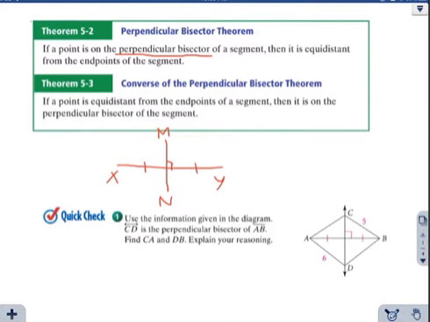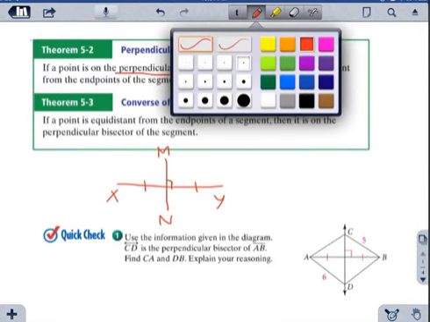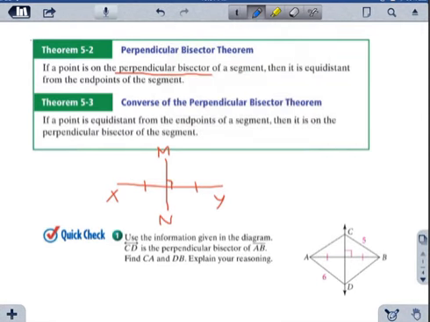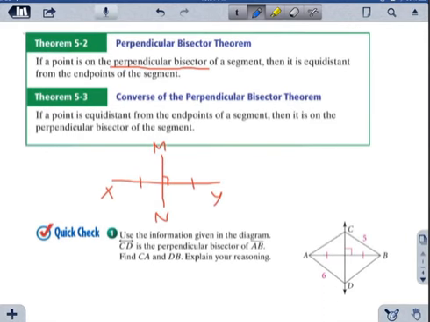The second part of the perpendicular bisector theorem tells us that if we have this perpendicular bisector and we have a point lying somewhere on that bisector, let's say this point right here, then that point is equidistant from the endpoints of the original segment.